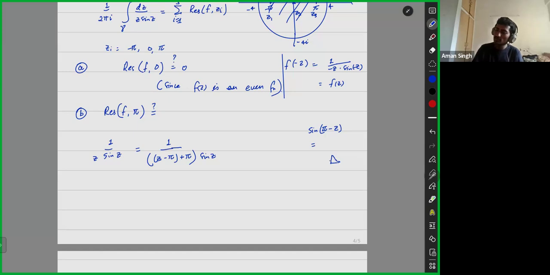Both are positive, so it will be positive, right?